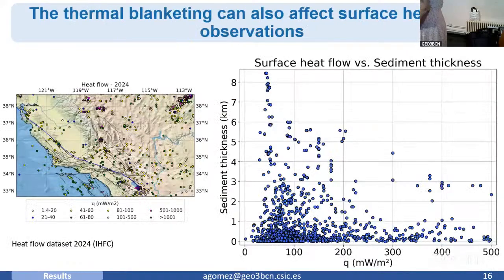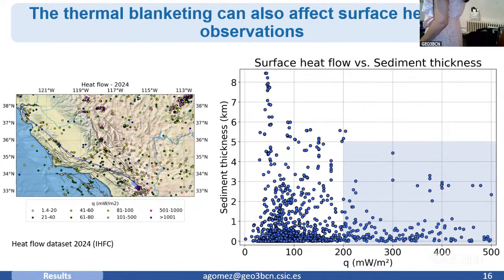And this thermal blanketing effect can also affect the surface heat flow observations. Here, I am showing you the surface heat flow values in the region. And in this diagram to the right, you see the surface heat flow against the sediment thickness at each location. What we can already see here is at least two clusters of points.